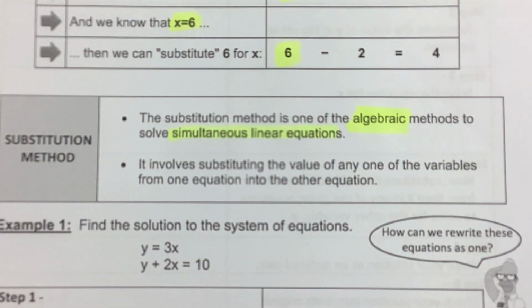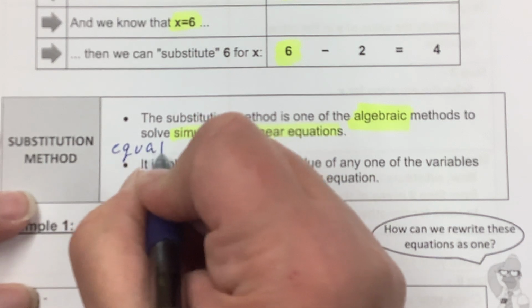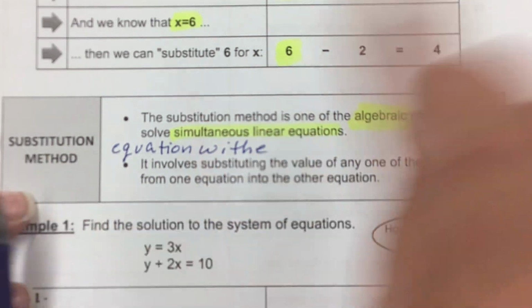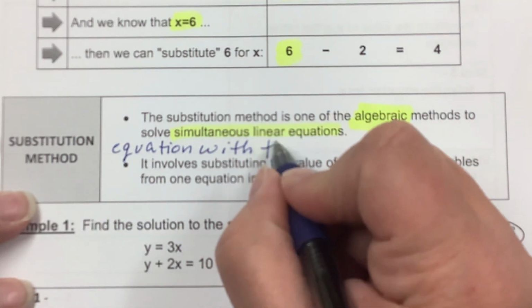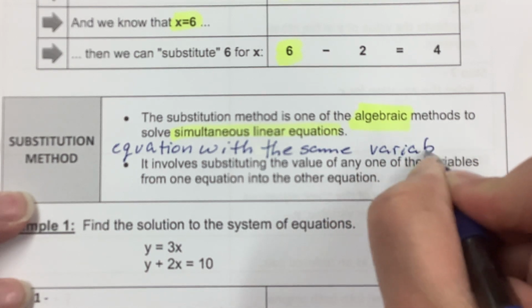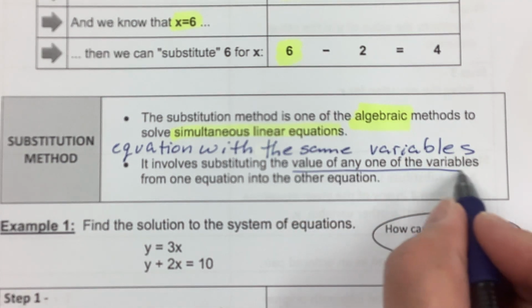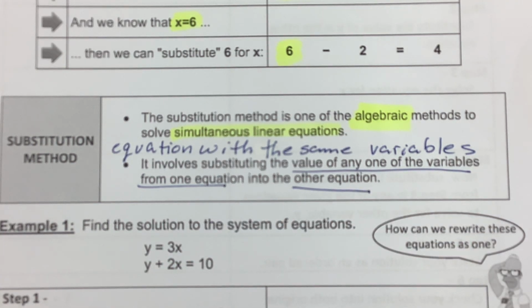Simultaneous linear equations just means equations with the same variables. It involves substituting the value of any one of the variables from one equation into the other equation. So that's what we're going to do. We are going to find the solution to this system of equations.